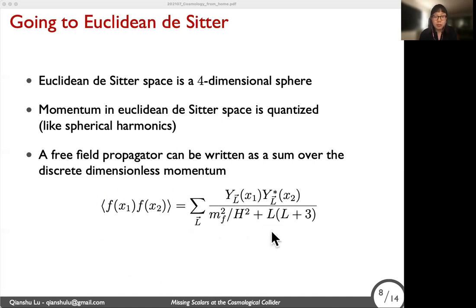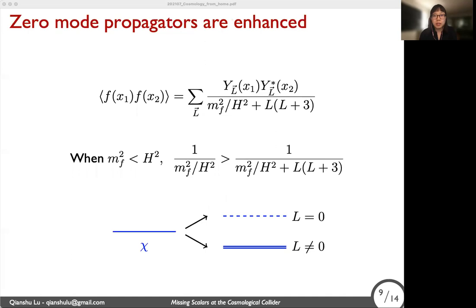Now, if we look at the form of the two-point function more closely, we notice that when the mass of the field is lighter than Hubble, the contribution to the propagator from the term where the momentum is zero, so the zero mode contribution, is going to be parametrically bigger than the terms where the momentum is non-zero. Remember that our chi field has a mass that's less than Hubble. But what that means is that it is meaningful to decompose the chi propagator into the zero mode contribution and the non-zero mode contribution.